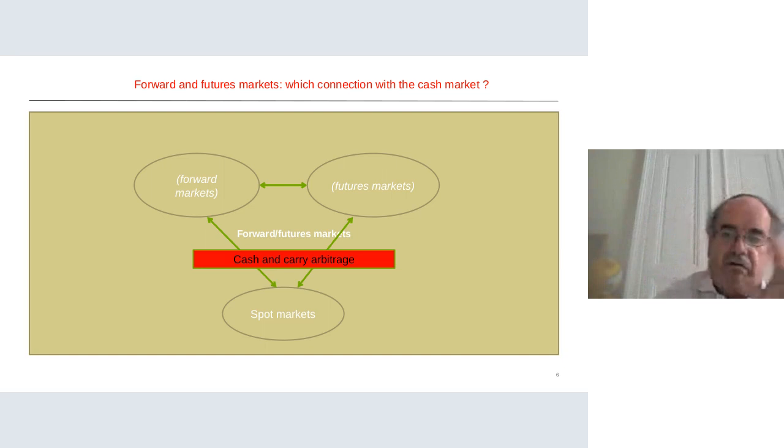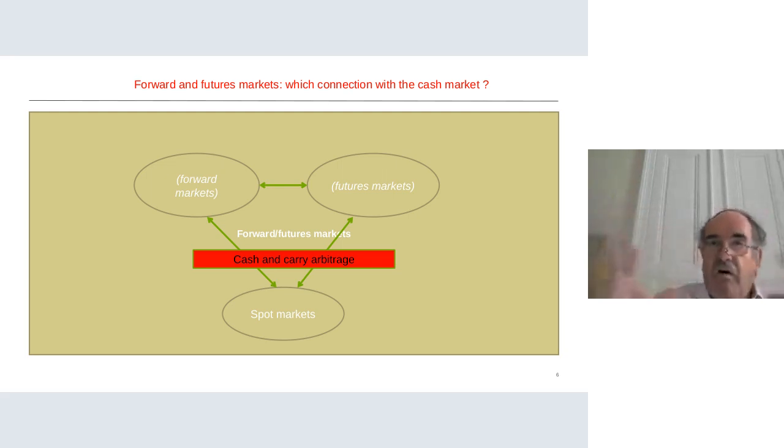That's very important. We won't go into details now, but my hope is that everybody understands that the forward market is not disconnected from the spot, because for commodities the forward price is spot plus interest rate plus cost of storing.